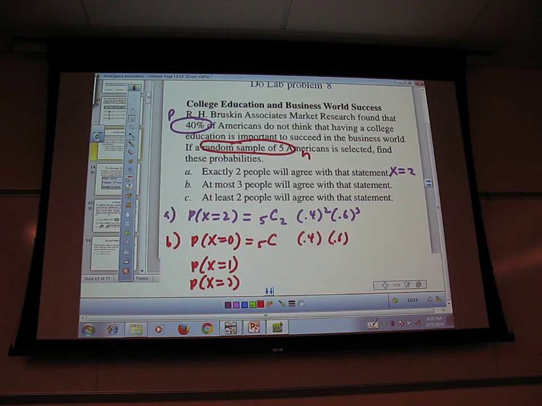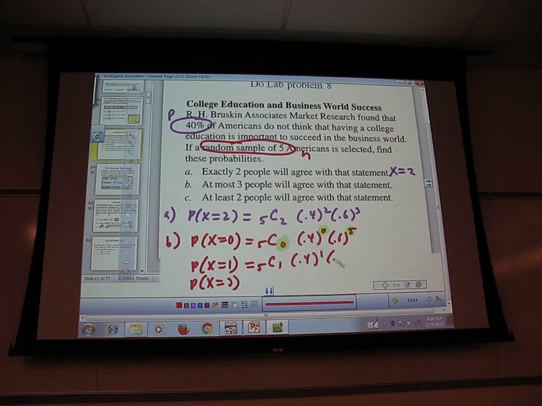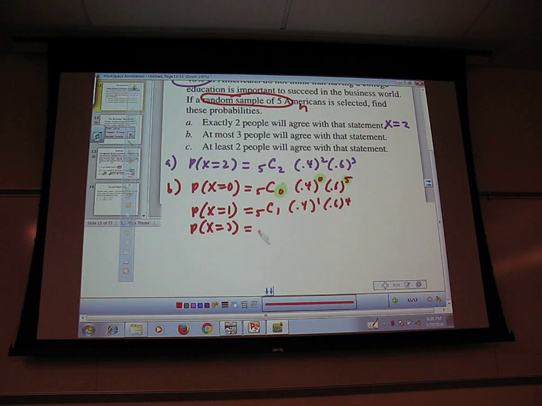And again, these are going to be the things that change each time, right? So it's going to be 0, 0, and 5. 5 choose 1, 0.4 to the 1, 0.6 to the 4. And this will be 5 choose 3, 0.4 to the third times 0.6 to the second.